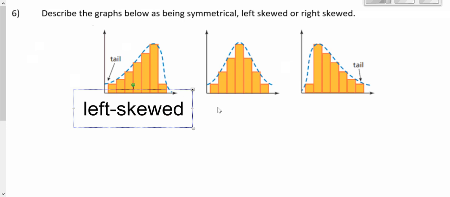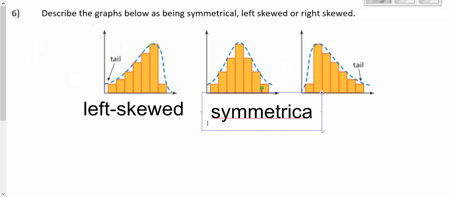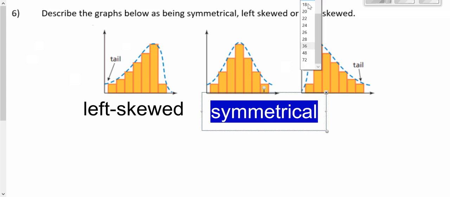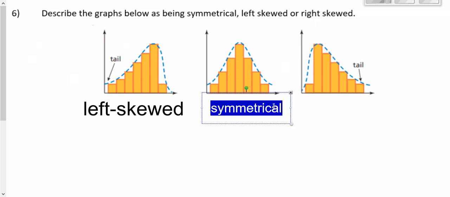When we're looking at this middle graph, our left side and our right side mirror each other, and remember we said that when they look alike on both sides, this is a symmetrical graph. Make that a little bit smaller so we have more room.